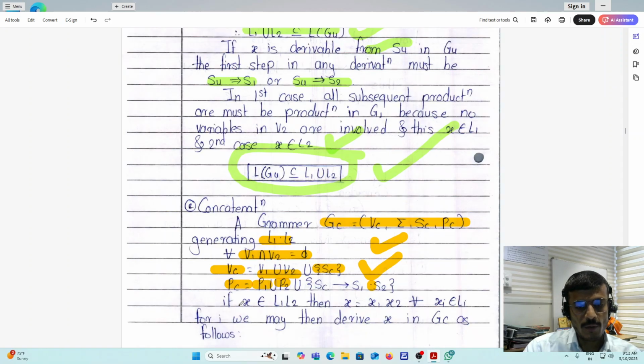Now we have to think about x, which belongs to L1 concatenate L2. Then you can say x is equal to x1 dot x2, where xi belongs to Li for i equals 1, 2. We may then derive x in GC as follows.